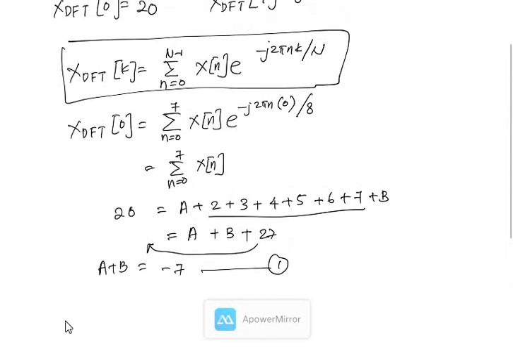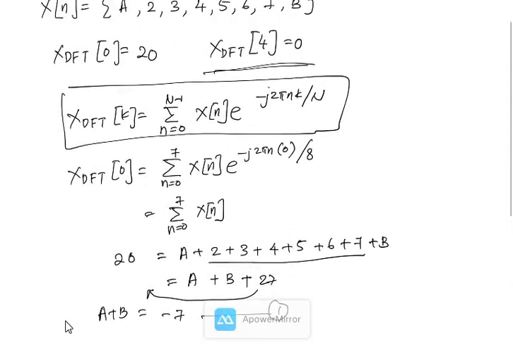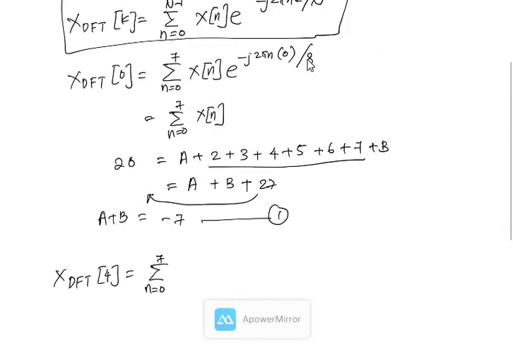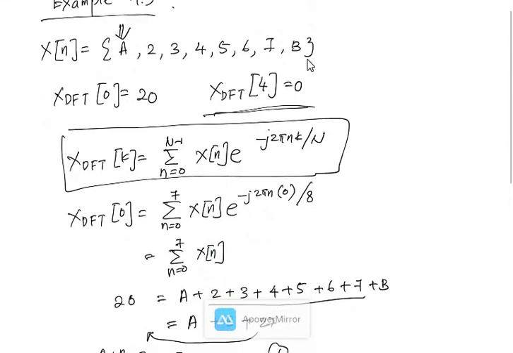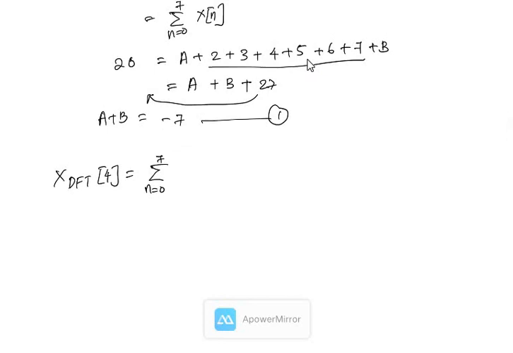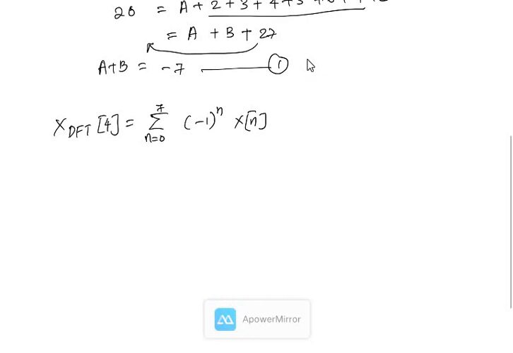And then the question given also says X DFT 4 is equal to 0. So we also can use the central ordinates, that is summation from 0 to n minus 1 of minus 1 power of n times xn.